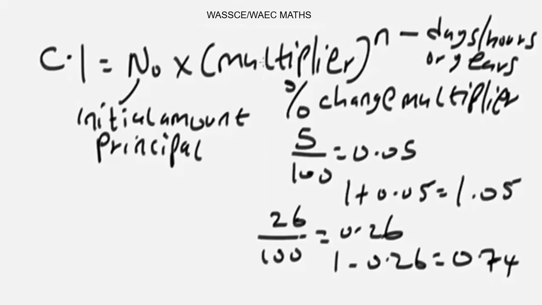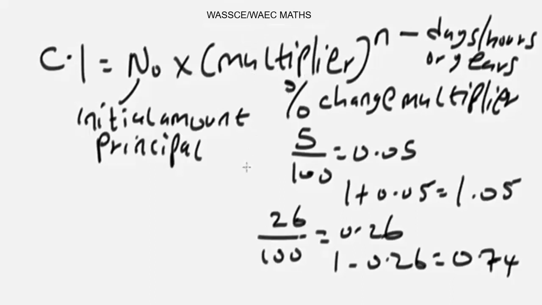Note again that if you are dealing specifically with compound interest, this formula is specifically for finding the amount in a particular year, or in 2 years, or in 6 days, or in 12 hours. Now, if you're looking for the compound interest itself, you need to subtract the principal from the amount you get in that particular year.